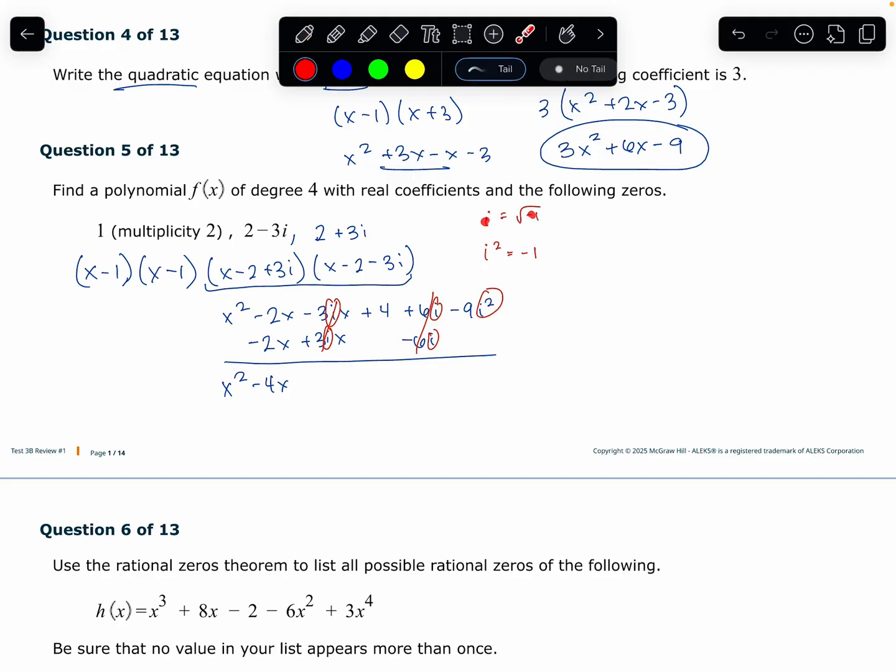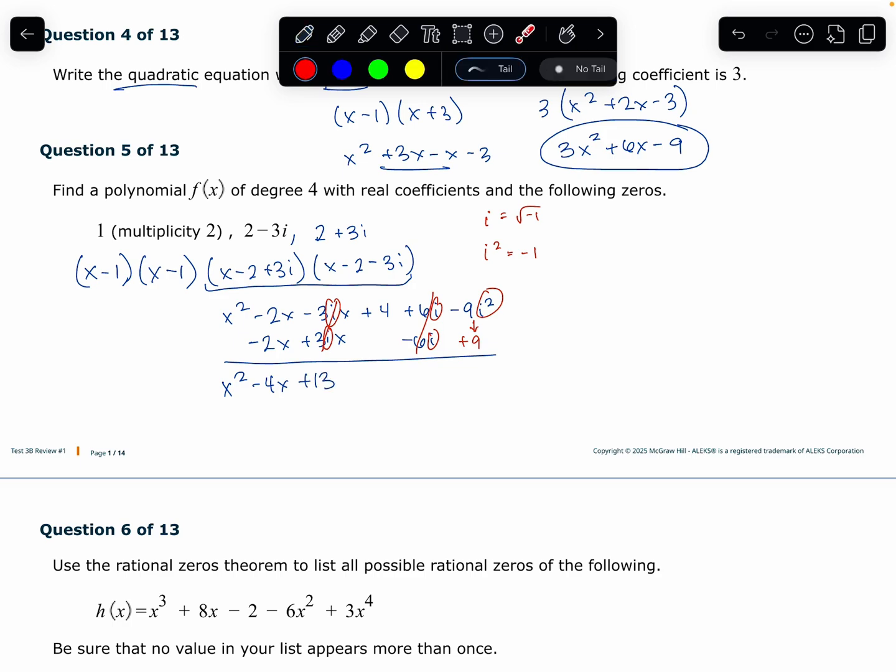If you square both sides, then you get i squared is equal to negative 1. So if i squared is equal to negative 1, then this turns into positive 9, because it's negative 9 times negative 1, which means this positive 9 and this negative 4 are going to add together. So that's going to be plus 13.